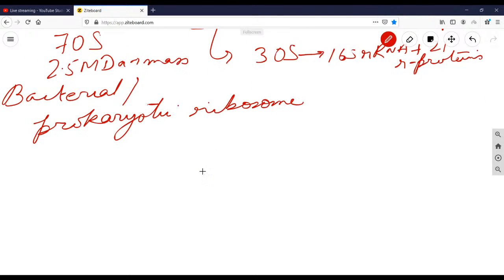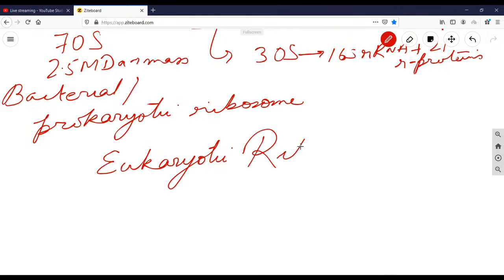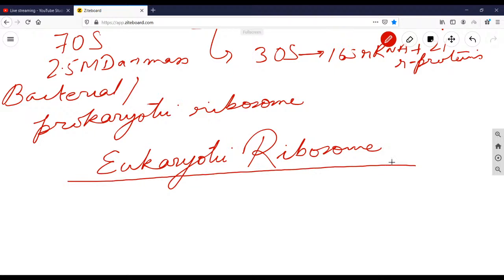Now when we come to the eukaryotic ribosome, what we have here is the mammalian ribosome. If we talk about it, it is 80S. S is the Svedberg constant or sedimentation coefficient, meaning how heavy it is. 80S is heavier, so it would centrifuge and during the centrifugation it would sediment quicker than the 70S, right?